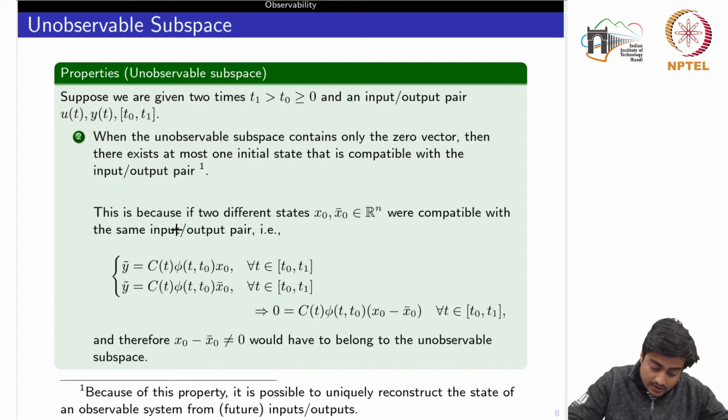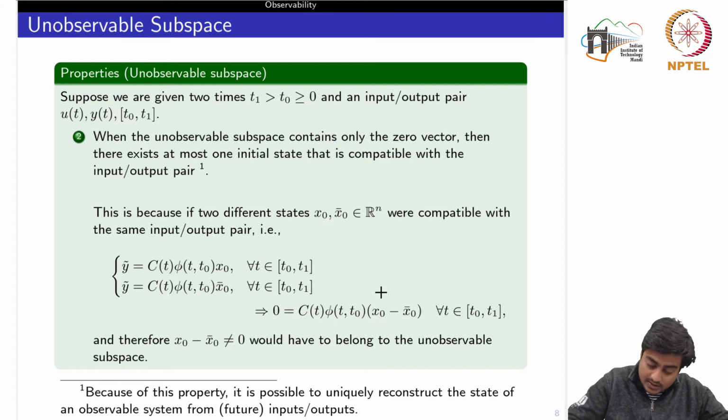Let's see. Consider two different states, x0 and x0 bar, which are compatible with the same input output pair. I can write the same equation for x0 and x0 bar. Subtracting these two equations, I would get 0 on the left hand side and C phi times x0 minus x0 bar.